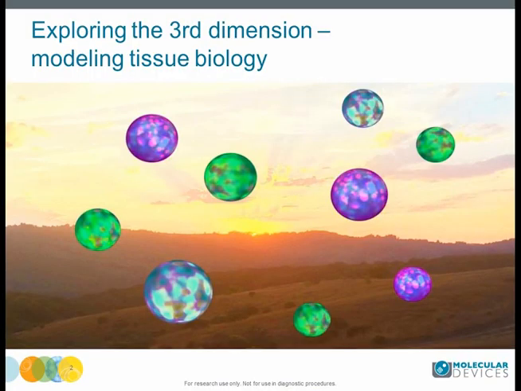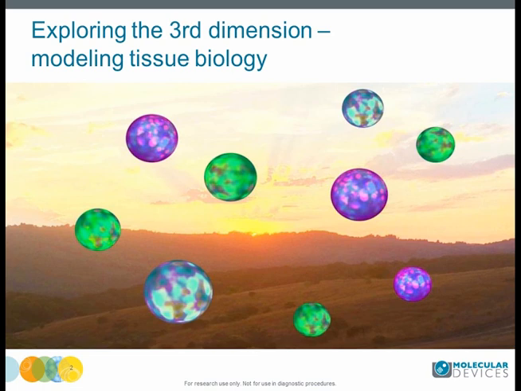Cell models are becoming more complex in order to better mimic the in vivo environment and provide more biologically relevant systems for drug discovery and toxicity testing. There is increasing interest in exploring three-dimensional spheroids for modeling development and tissue biology.